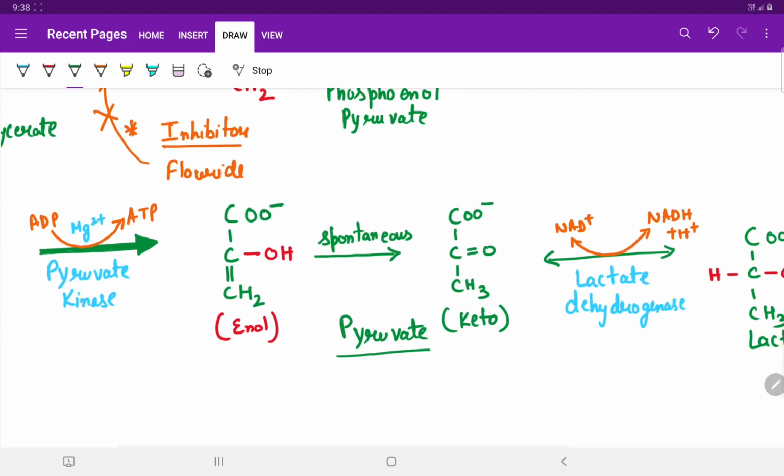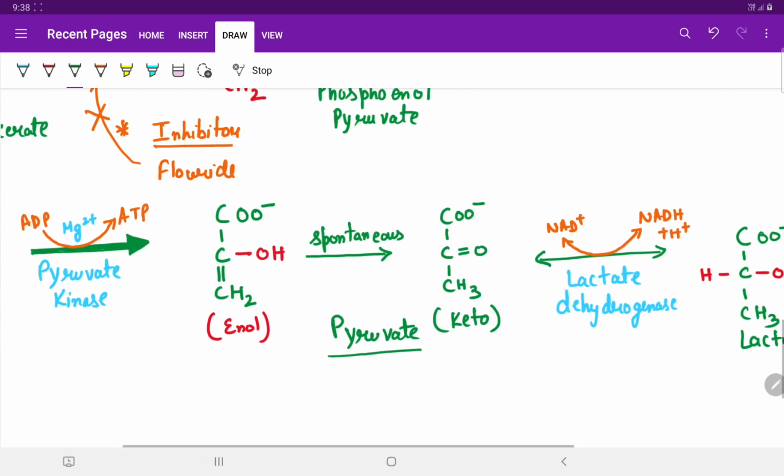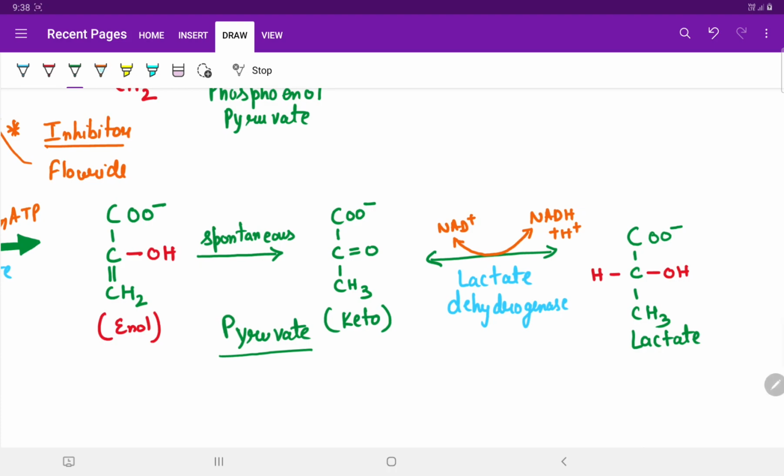And if the reaction undergoes an anaerobic degradation, then it leads to formation of lactate. So this was regarding the energy generation phase.